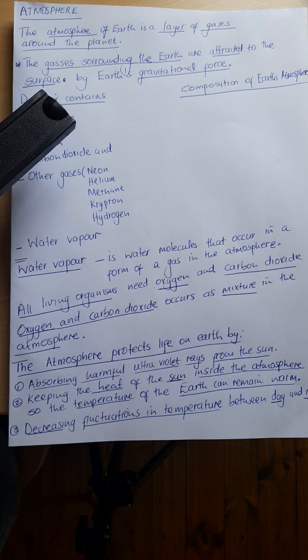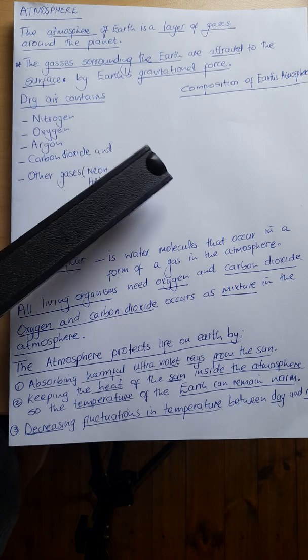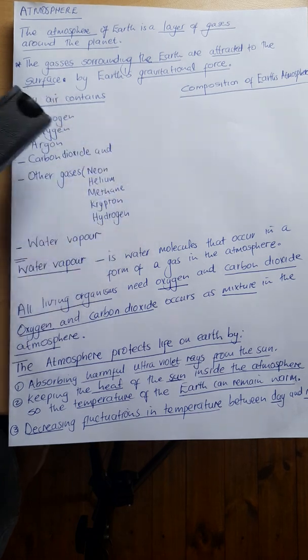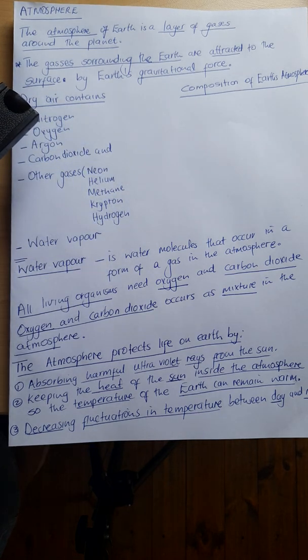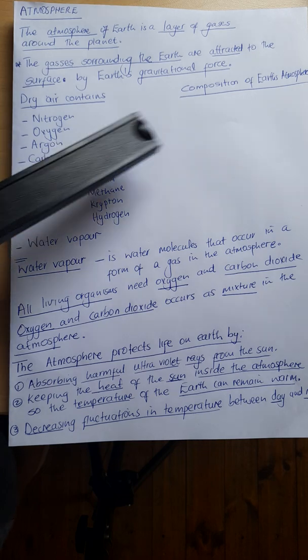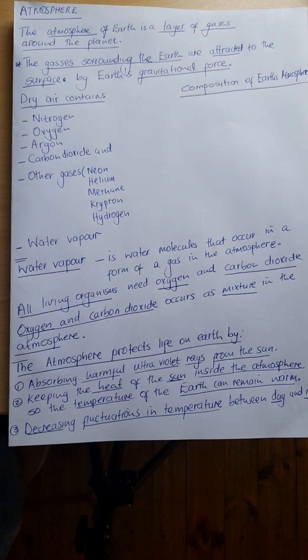The diagram that shows the composition of the Earth atmosphere. Are we together? It will also break it down in percentage so that you see which gas is the most in the air. I need to show you two diagrams, one diagram of the water cycle and the other diagram of the composition of the atmosphere.